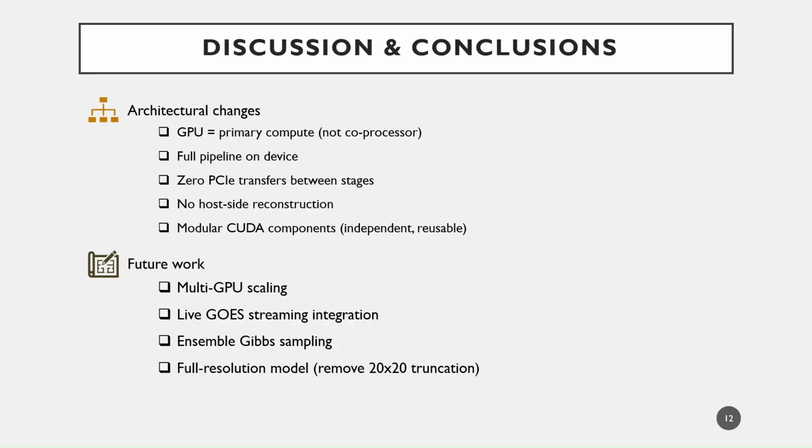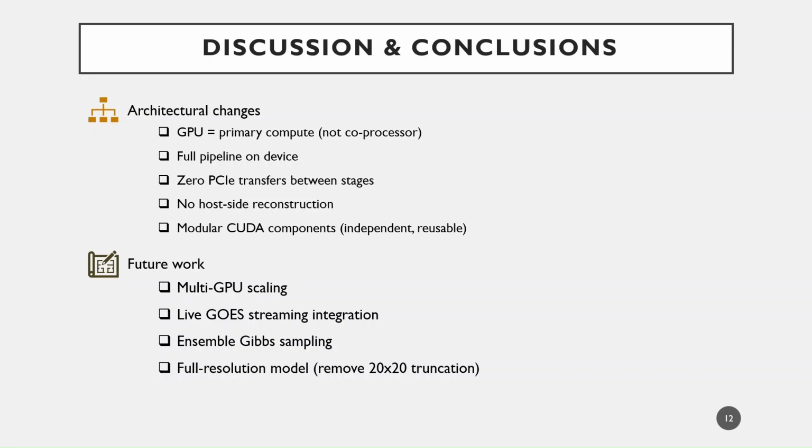Each stage lives on device, every intermediate result stays in GPU memory, and the CPU is only involved for final output reporting. The zero transfer principle is what enables the 918 times speedup. The modular CUDA design also means individual stages can be upgraded independently.